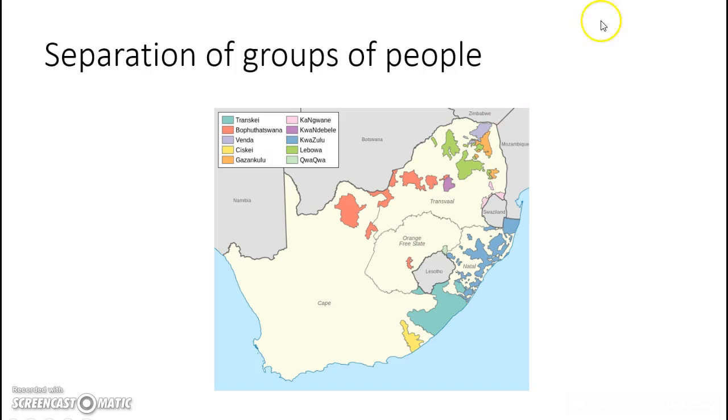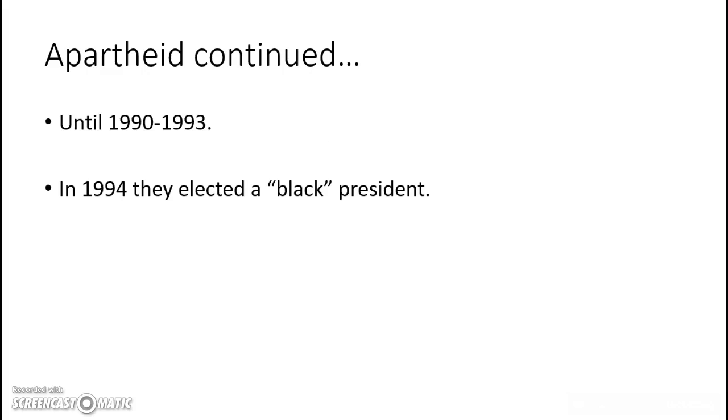So we see all this, which unfortunately happened during the same amount of time in South Africa and the United States, the segregation, the separation of people. So apartheid continued all the way up to 1993, and racial segregation.